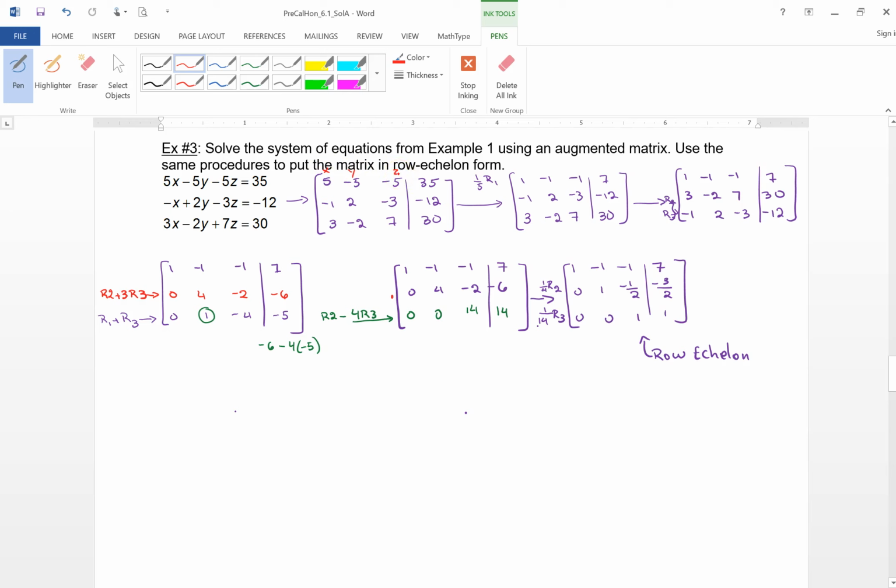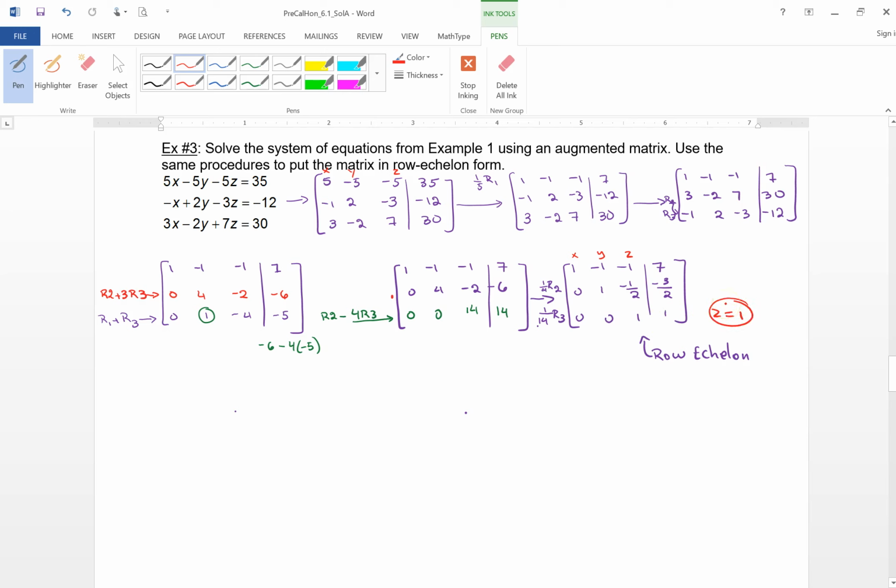That also means if you take each row, here's how you read it. 1x minus 1y minus 1z equals 7. 1y minus half z equals this. 1z equals 1. So from here we get that z equals 1.